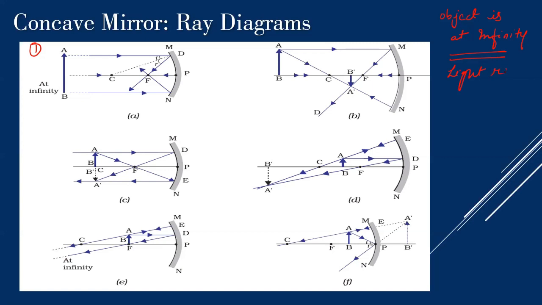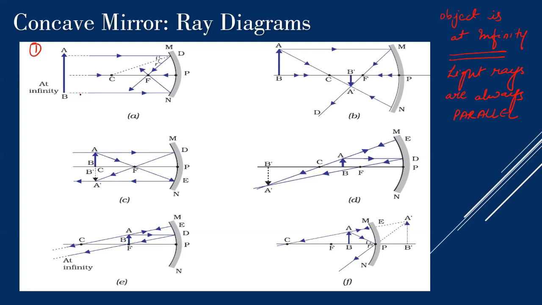Always parallel. Remember this in any scenario, be it refraction, reflection, through mirrors, through lenses, anything. Light rays are always parallel when they are coming from infinity, right? Remember this.